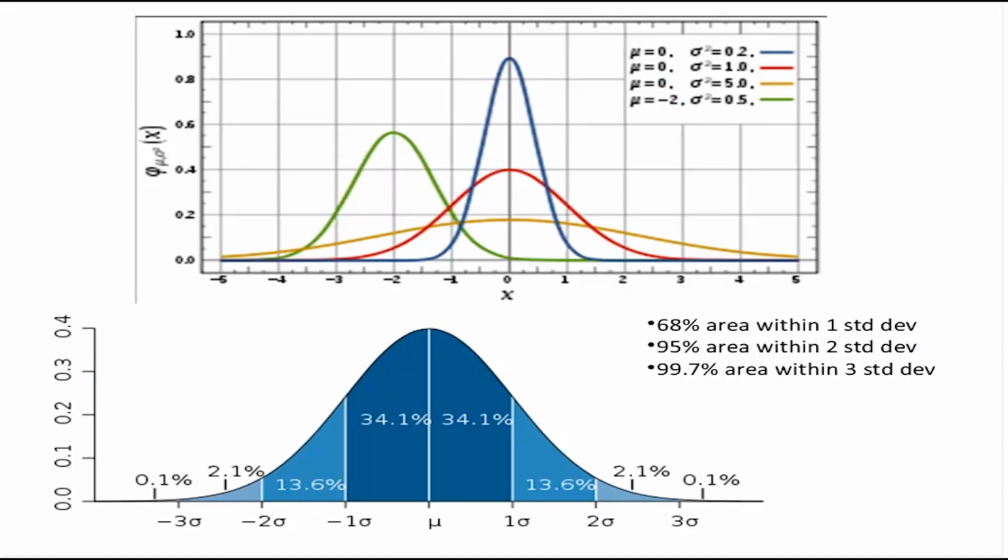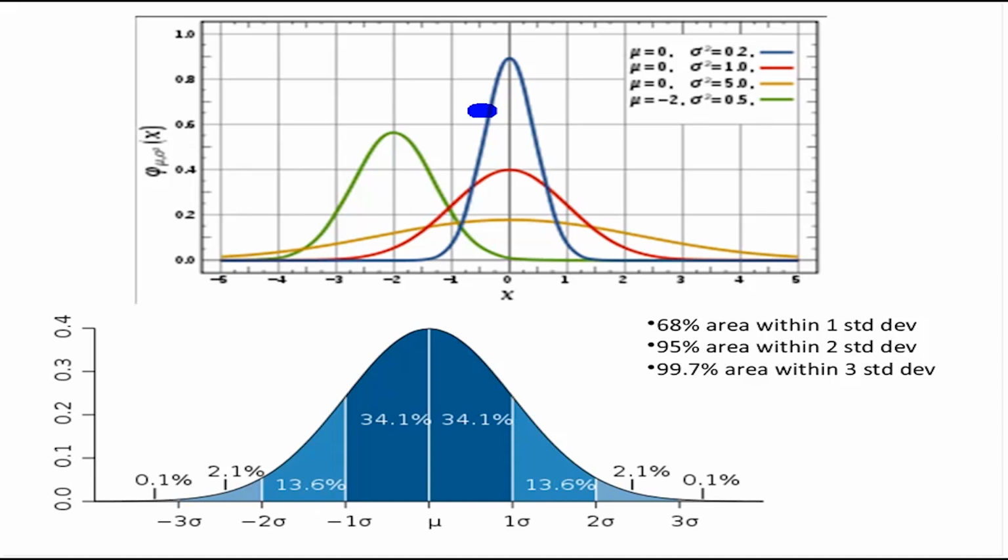The graph is something like this. On the upper half of the slide, you can see three normal distributions with mean mu equal to 0. The blue curve is centered around 0, and the variance is 0.2.